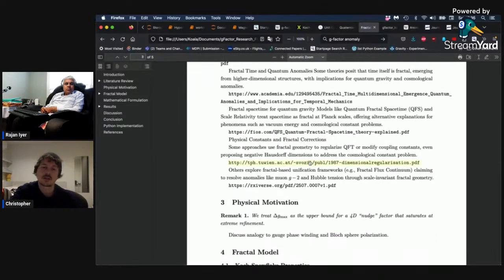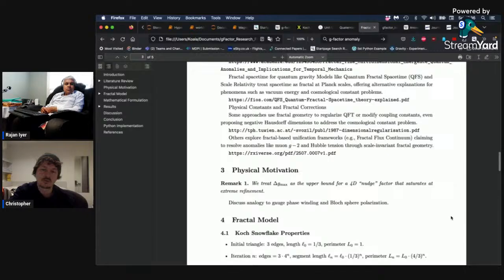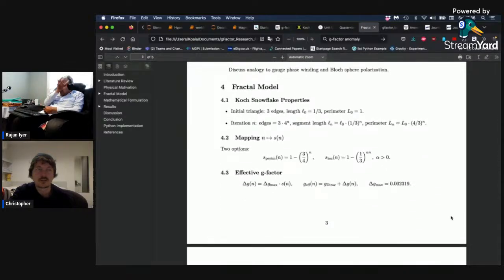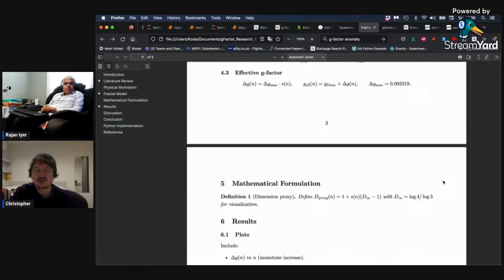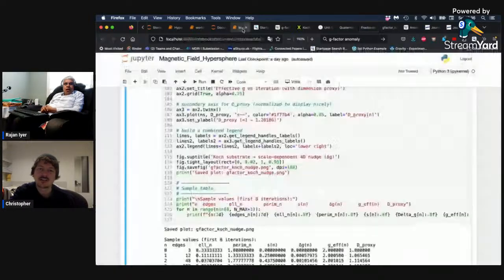So that's kind of good. And the use of the Koch snowflake also hasn't been applied, but really, that's just kind of a stand-in for whatever the actual granular structure of space-time would be.